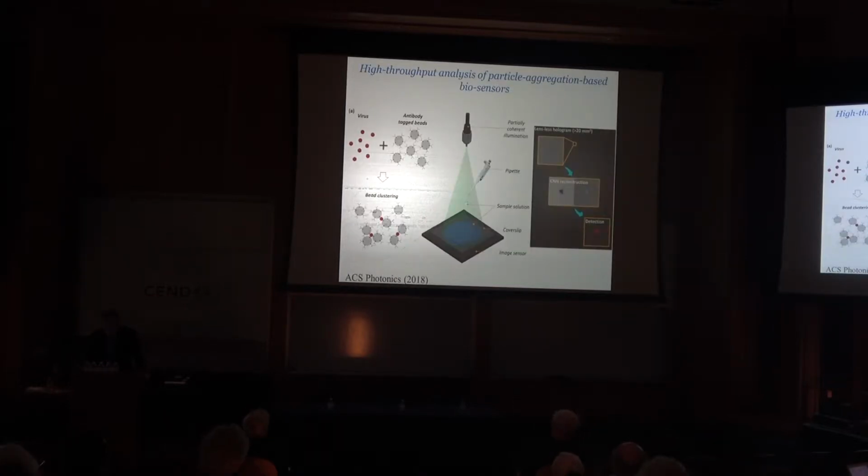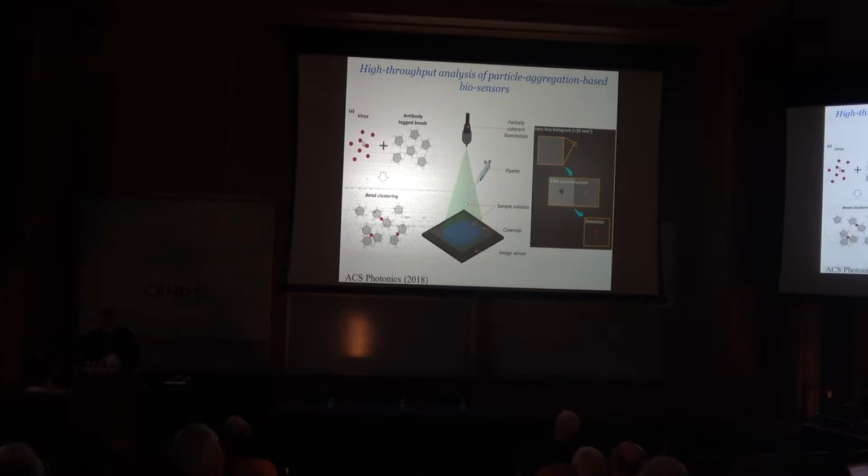And because it's a platform, you can actually use this handheld system to read out various different types of sensors. Literally, it's a platform. It can be used for many things. In one recent work, we've used this for bead clustering-based assays. Basically, there are microscale particles, a few microns in diameter, that are functionalized to be specific to a certain viral particle.